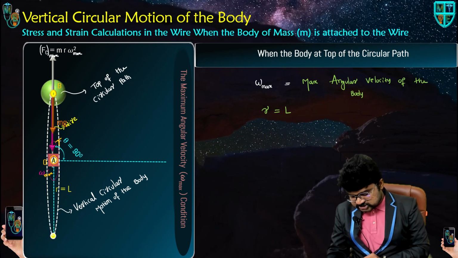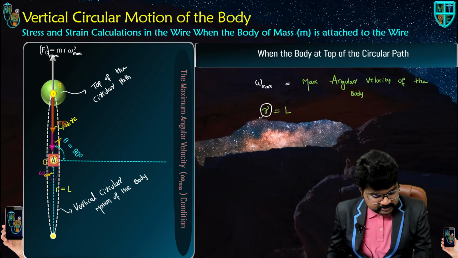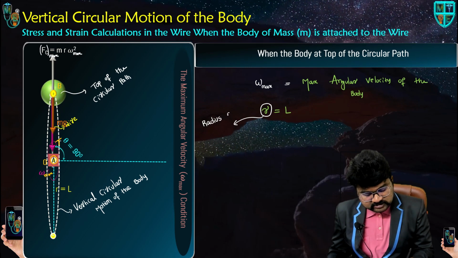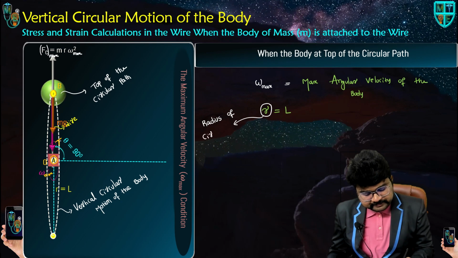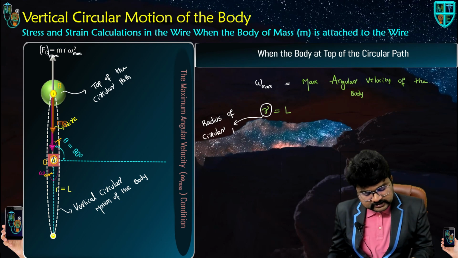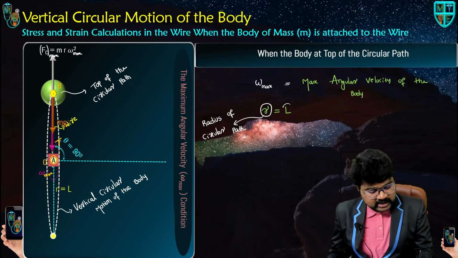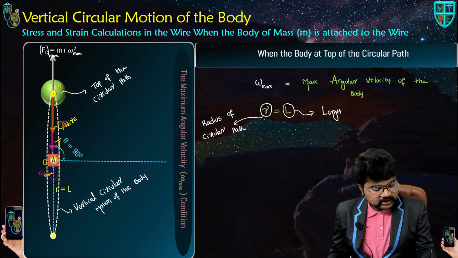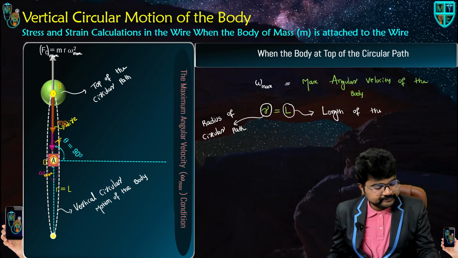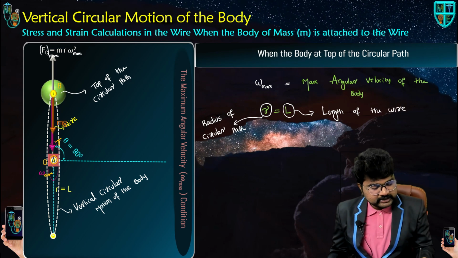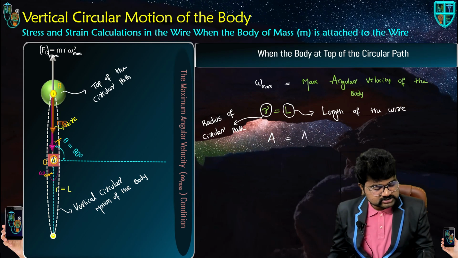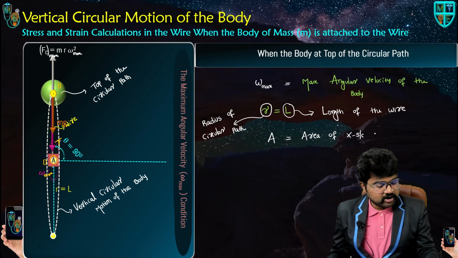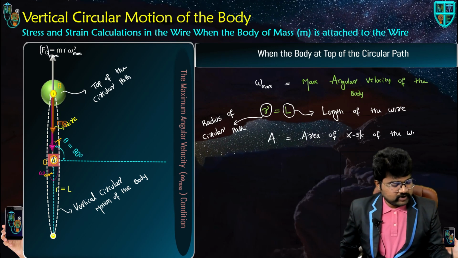L is the length of the wire, and capital A is the area of cross section of the wire.